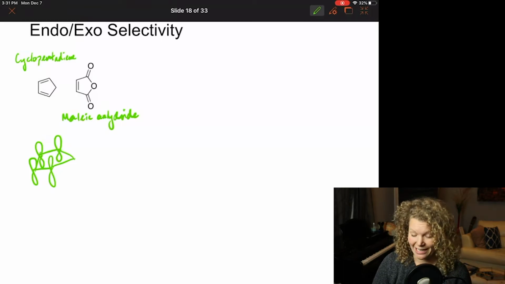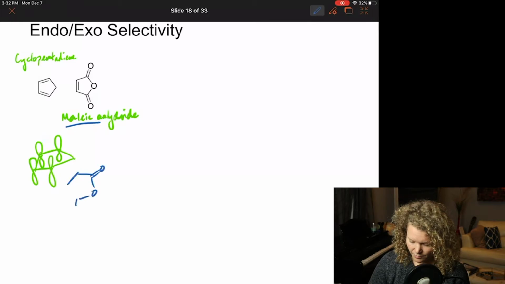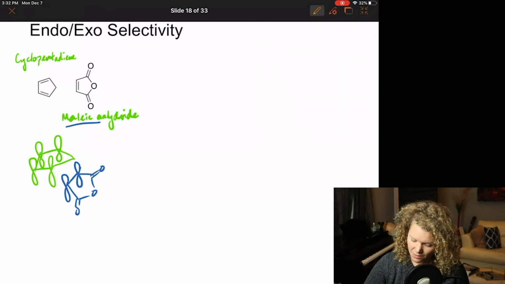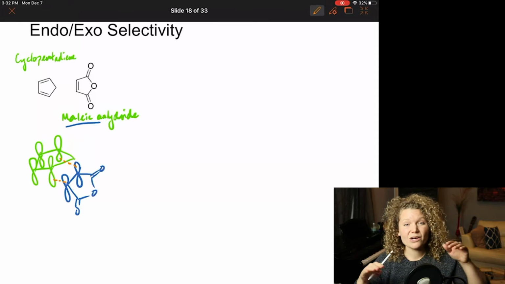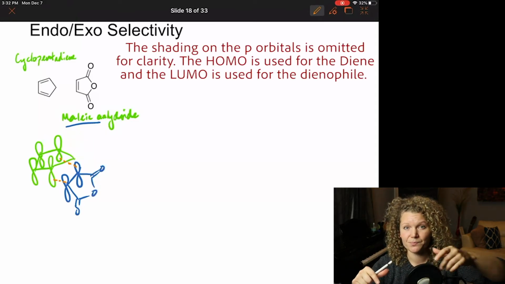So here's our diene, okay? And I'm going to draw our dienophile in blue here. Now, these reactions occur where the p orbitals will interact. The bottoms of one will interact with the tops of another.